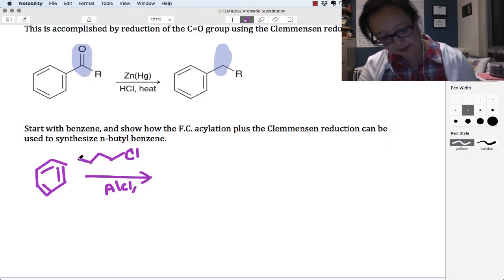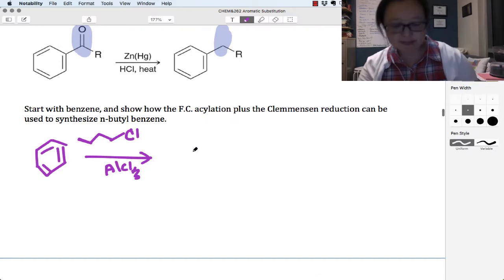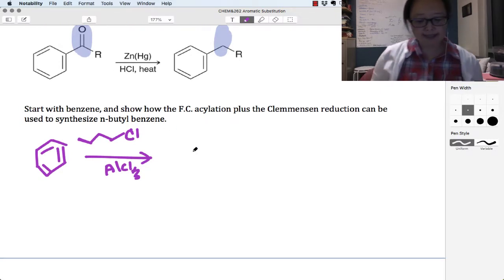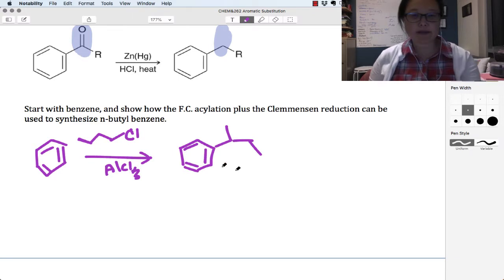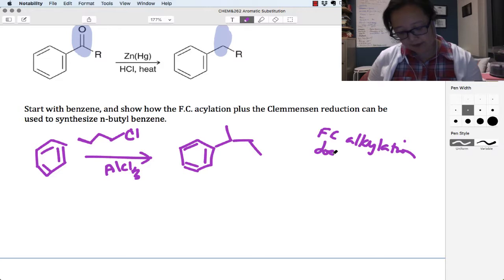Okay, let's say we have this. The problem is this is primary, so it's going to rearrange to the secondary, and then I'm not going to get the n-butylbenzene. So this is going to be more likely to give me something branched like this, some rearranged products. So basically, Friedel-Crafts alkylation doesn't work on a straight chain R group because of rearrangement.